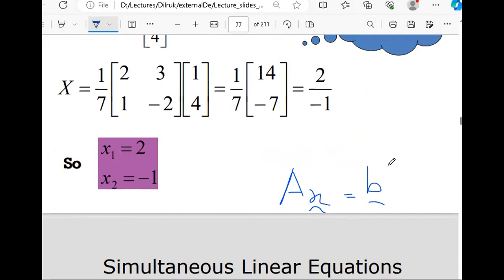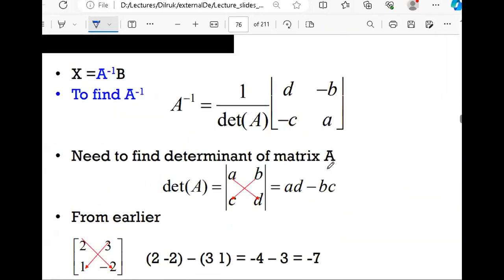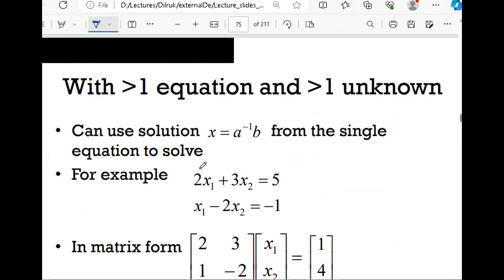So if you are given a system, always try to write it in matrix form: the coefficient matrix, the variable column, a set of unknowns, which is a column matrix, and the right hand side of the set of equations.